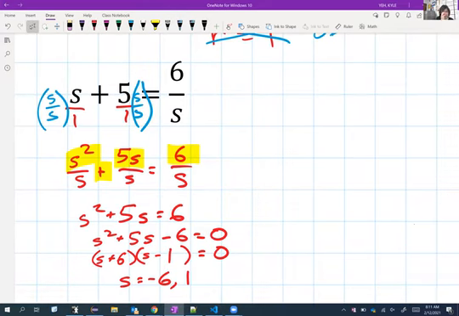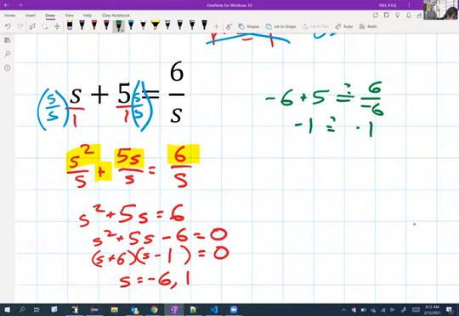Okay, well we can plug this in, make sure that we don't get 0 anywhere in a denominator. So if I plug negative 6 in, and I'll check it at the same time, we get negative 6 plus 5. Does that equal 6 over negative 6? So step 1, it didn't cause us to divide by 0. And step 2, we can pretty clearly see negative 1 does equal negative 1.